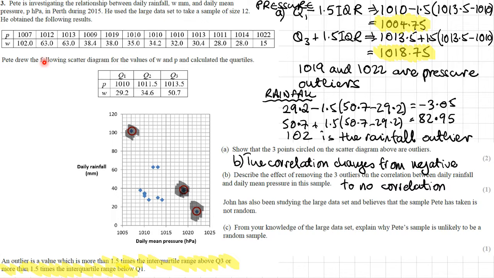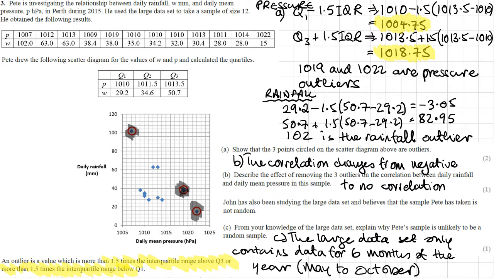So we need to write that in some way, that there's some months missing from the large data set, that he wouldn't have got a sample from every month of the year. So I've just decided to put that the large data set only contains data for 6 months of the year, that's May to October. Or you can talk about the months which are missing. He's not going to get a sample of 12, he's only going to get really a sample of 6. So maybe he's used some months twice.